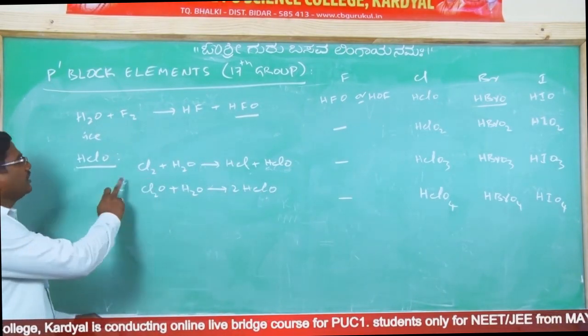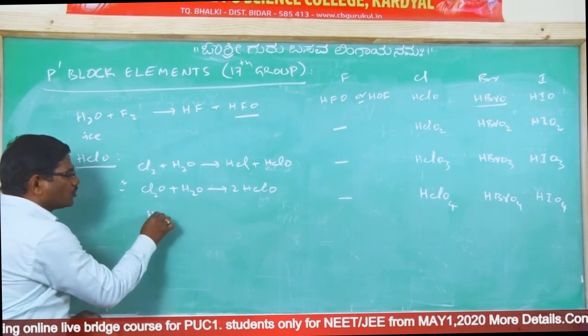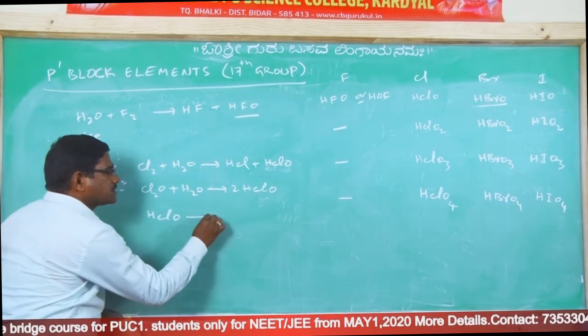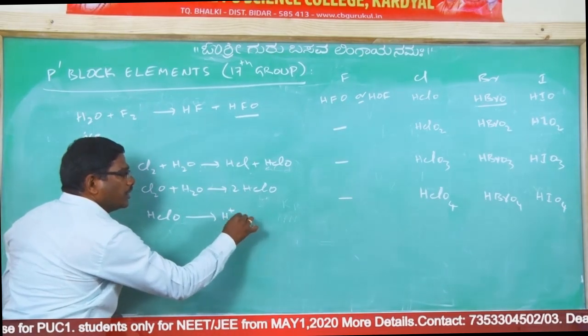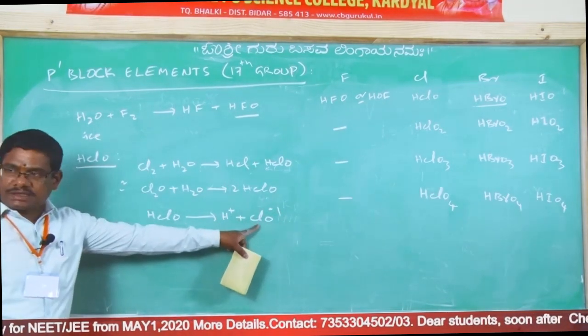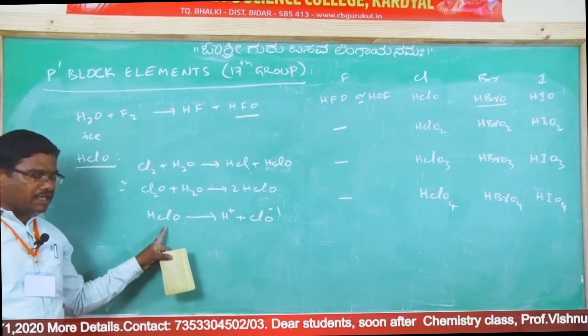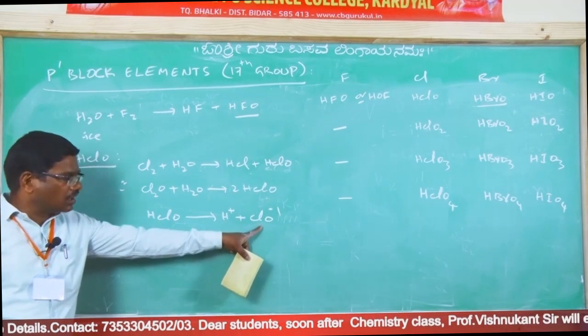Clear? HClO gets ionized into H plus and ClO minus. ClO minus is the conjugate base of HClO. If the acid is weak, its conjugate base is strong.